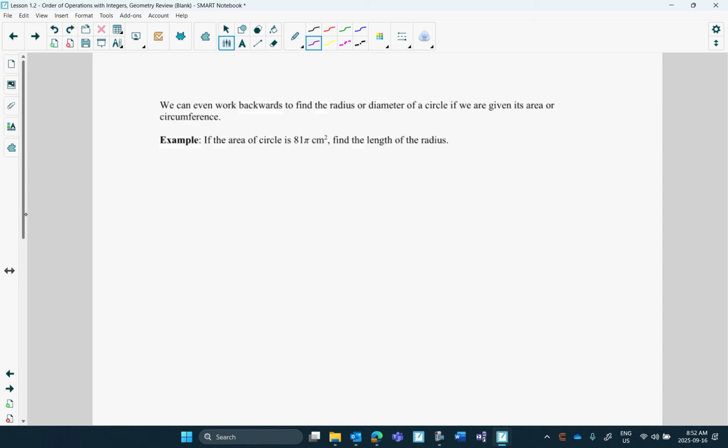First I did area equals 81 centimeters squared.